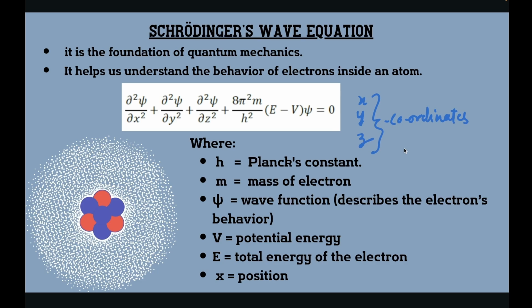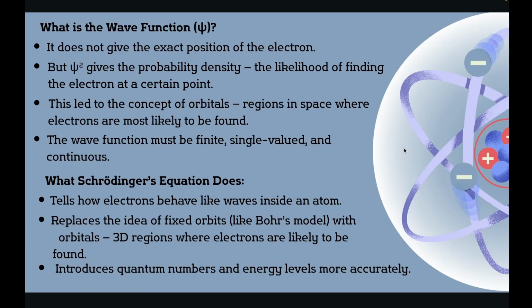In this equation, we use a term wave function. What does it mean? Like if electron has some momentum, then it also possesses a wavelength associated to its wave. So suppose an electron is moving around the nucleus in 3 dimension.